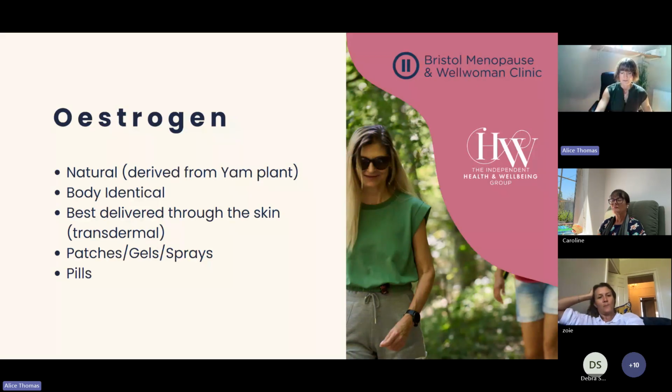And that's much safer for women with a history of clots or migraines and results in fewer side effects as well. There is an important role for oral HRT still, and some women do find that they need to take HRT orally to optimize symptom control, particularly in cases of poor absorption through the skin.